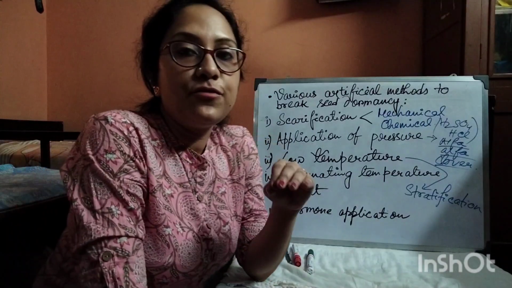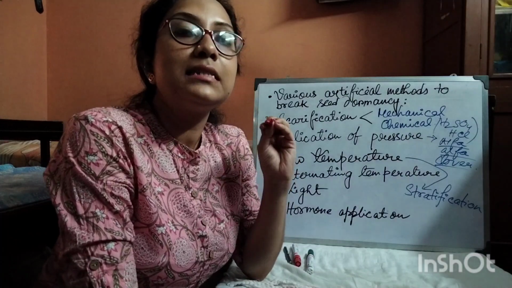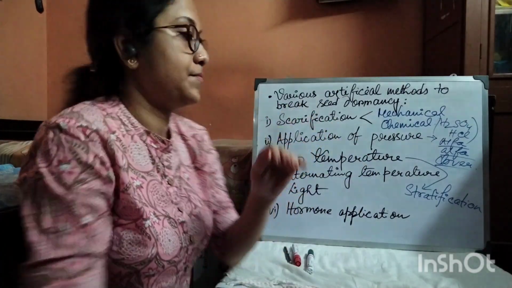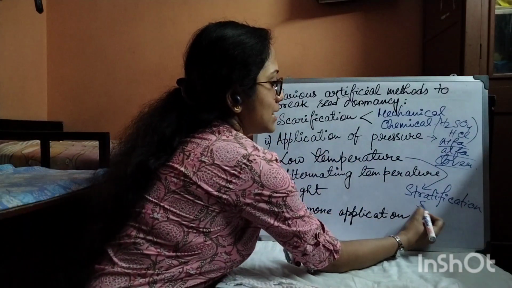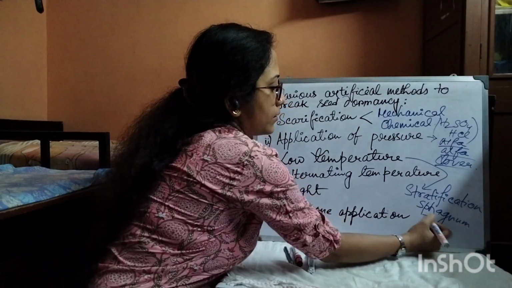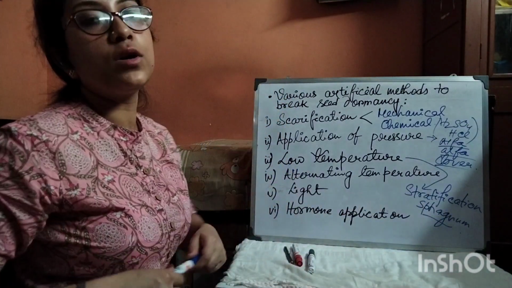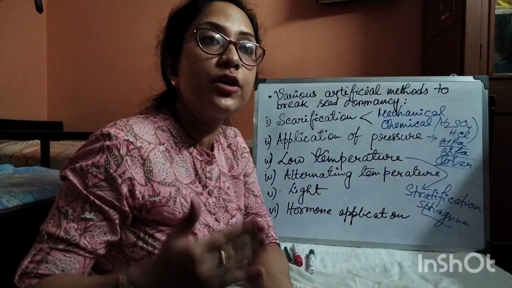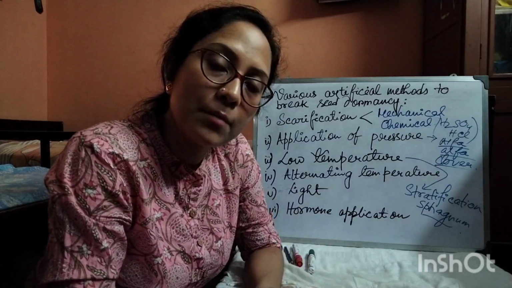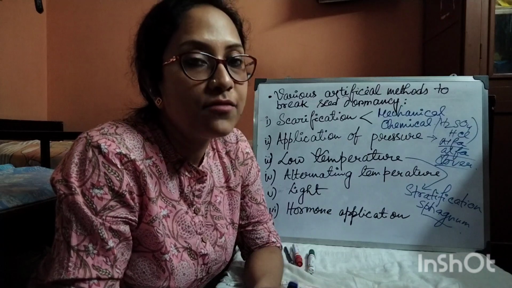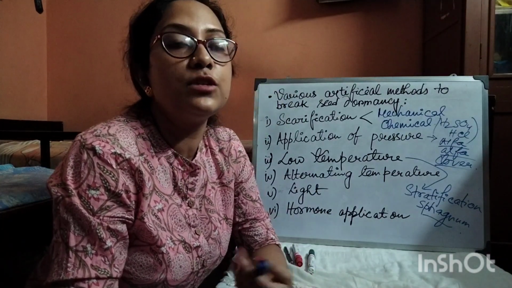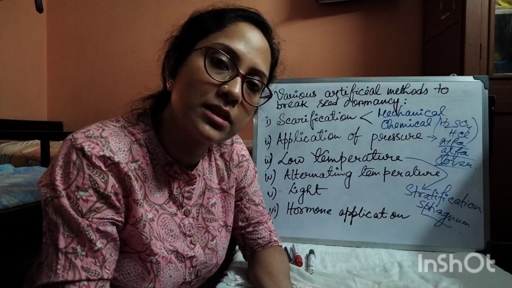Understood? What is the name of the moss? Sphagnum. The moss with which we coat or cover the seed is named sphagnum, and if we keep it at a very low temperature of 5 to 10 degrees Celsius, the seeds will start germinating.